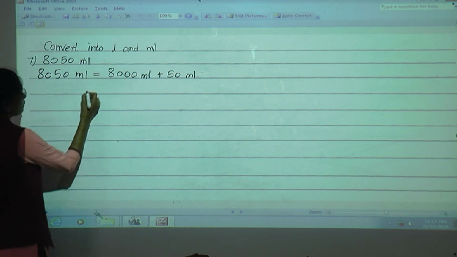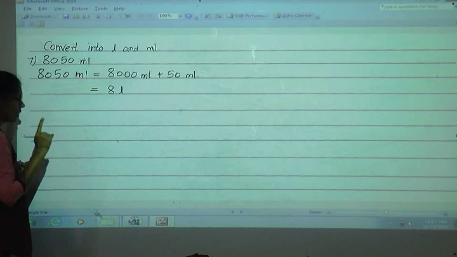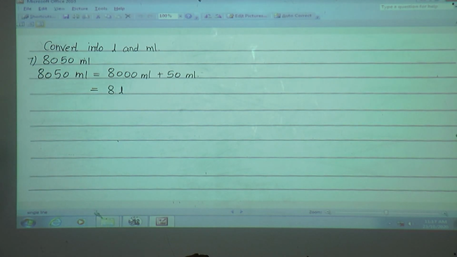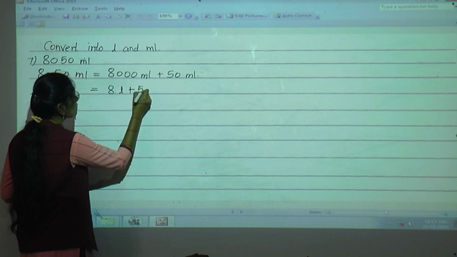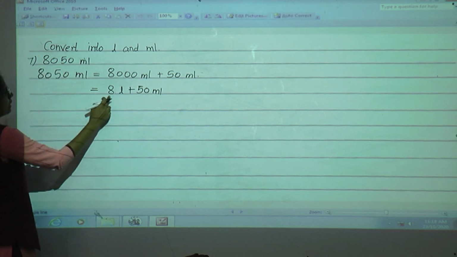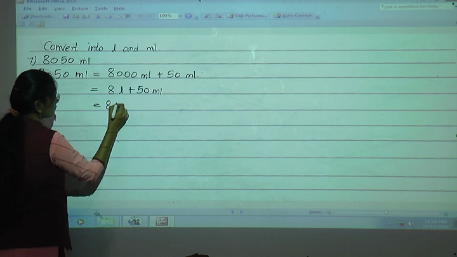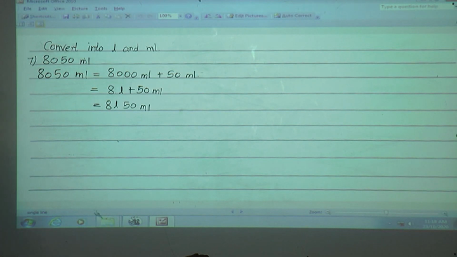Now 8000 ml is equal to what? 8 liter, because 1000 ml is equal to 1 liter. So here 8000 ml is equal to 8 liter. Then this 50 ml we are going to keep as it is. Then 8 liter and 50 milliliter means 8050 milliliter is equal to 8 liter 50 milliliter.